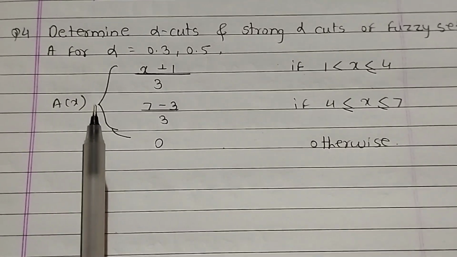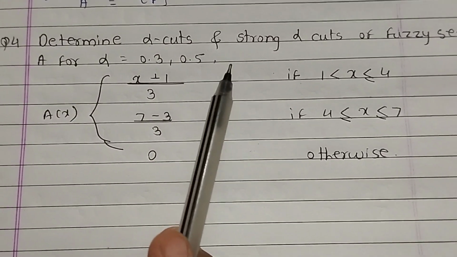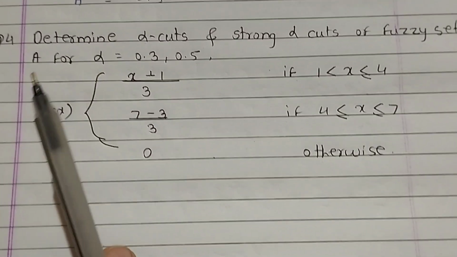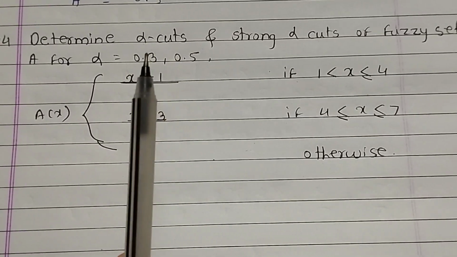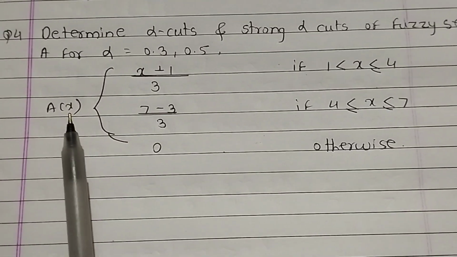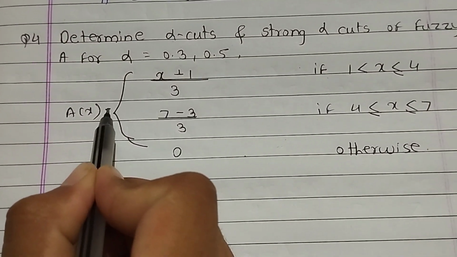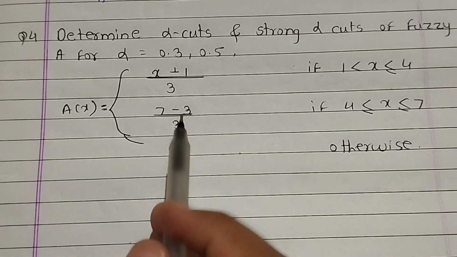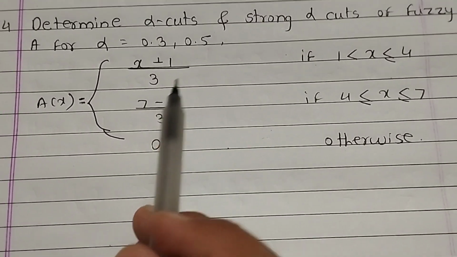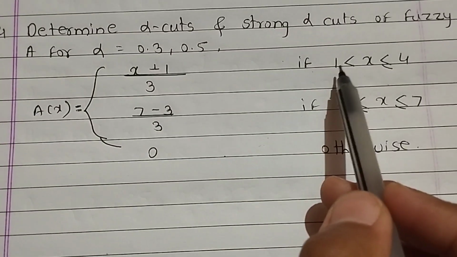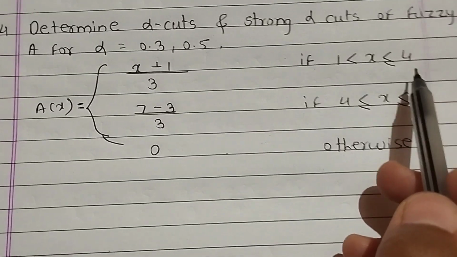Now the next question is: determine alpha cuts and strong alpha cuts for the fuzzy set A for alpha equal to 0.5 and 0.3. So here again the A of x is given in a different form. (x minus 1) divided by 3 if 1 is smaller than x is smaller than or equal to 4.